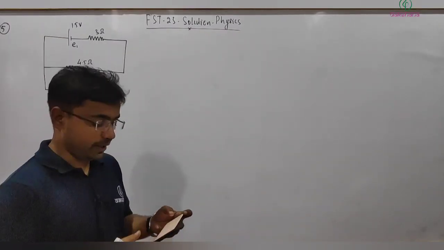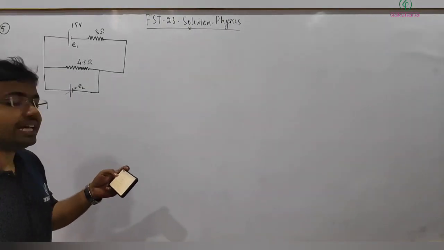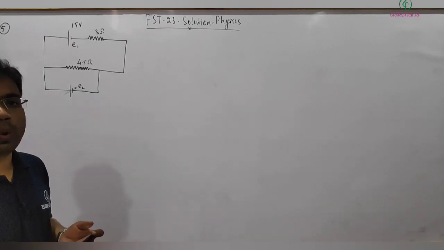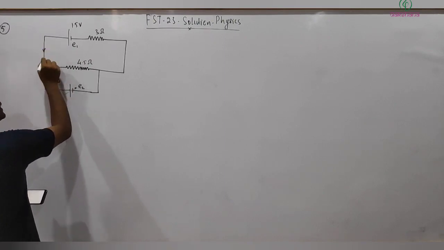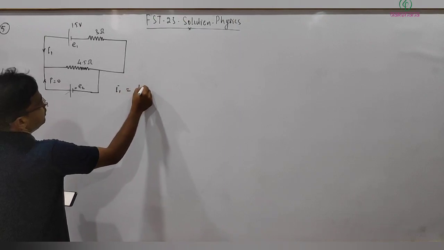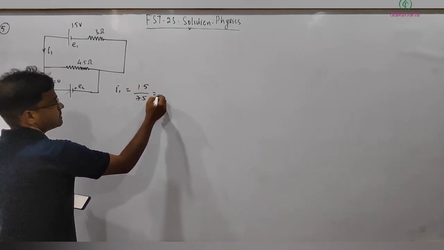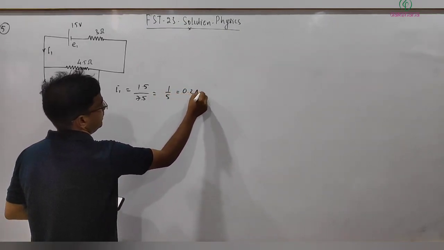Assemble the circuit shown in the figure. EMF of battery E1 is 1.5 and EMF of battery E2 is variable. Both batteries are ideal. Initially, E2 is such that current through it is 0. So here current through it, I, is equal to 0. Current here, let's say I1, will be equal to 1.5 divided by total resistance, that is 7.5, which comes out to be 1 by 5, that is 0.2 ampere.